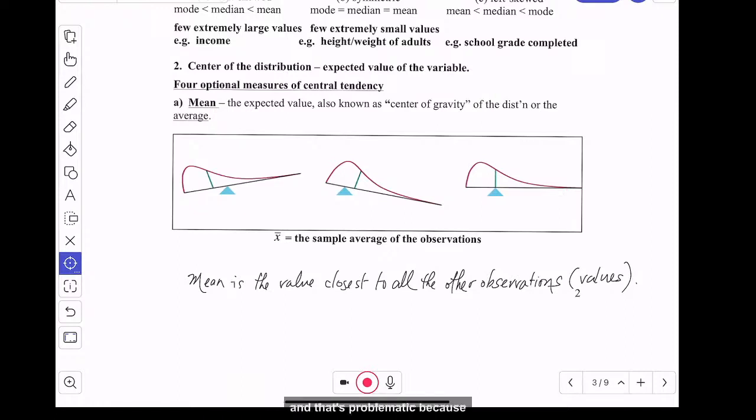And that's problematic because there's only a few over here, and there's way more over here. So it's more likely that the next person coming in will be in this group than way over here.